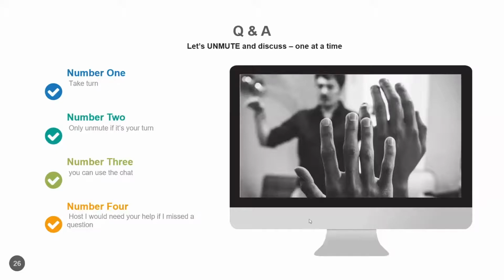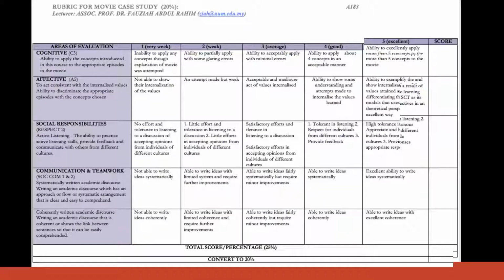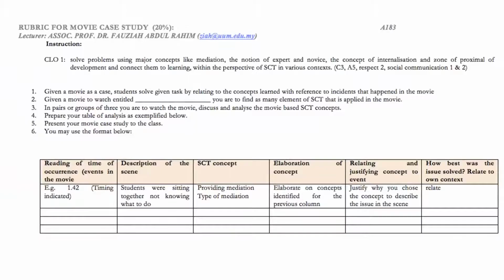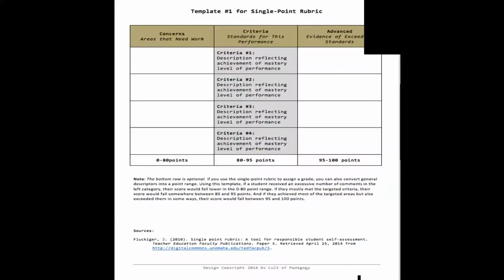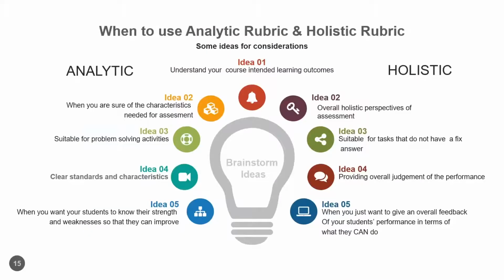So, on the fifth process, whether or not you want to use analytic or holistic depends on these considerations.